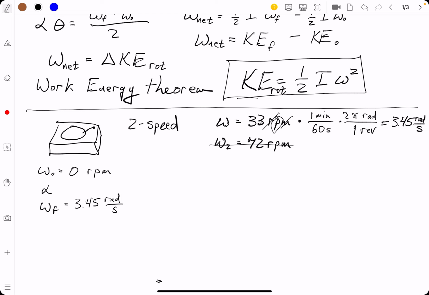Good. All right. Now we're also given I, our moment of inertia. I is 6 times 10 to the minus 3 kilograms meters squared. Good. Now, here's the question.